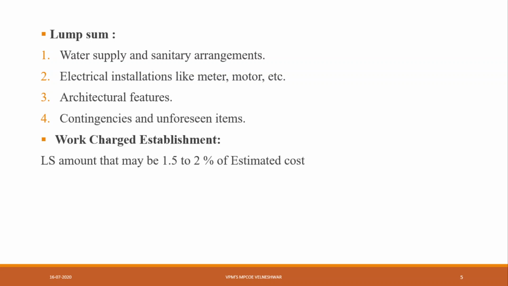The salaries of these persons are drawn from the lump sum amount. Whatever lump sum amount we are keeping aside, we have to pay from that to those workers, right? The salaries are drawn from the lump sum amount allotted towards the work charge establishment, that is the establishment which is charged directly to work, and the lump sum amount is 1.5 to 2% of estimated cost. It provides the work charge establishment.